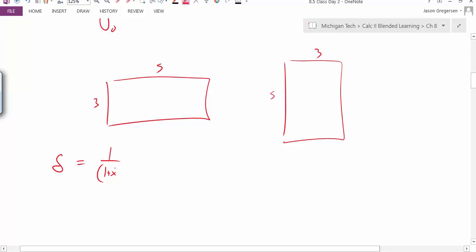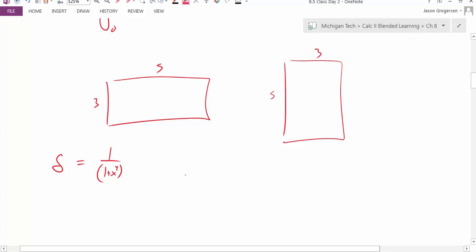I'm sorry, 1 plus x to the 4 in here, like that. And this is mass per unit area. They don't tell us the details, kilograms per meter squared, or whatever they want it to be here. But this x is measuring the distance from the side of length 5.